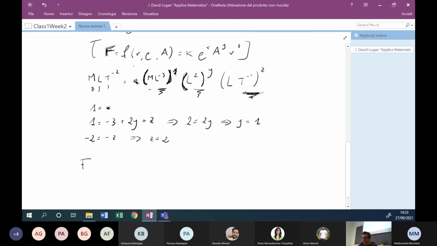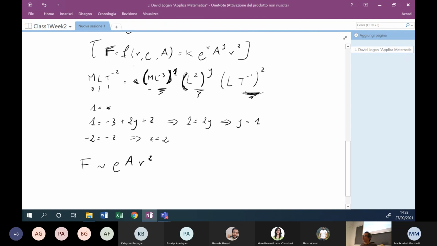This means basically that the resistance that is opposing air when I'm moving in some direction is going to be proportional, remember that there is the factor k in front of my equation, it's going to be proportional to what? Rho to the power x, so rho to the power 1, A to the power y, which is again equal to 1, and v to the power z, which is equal to 2.